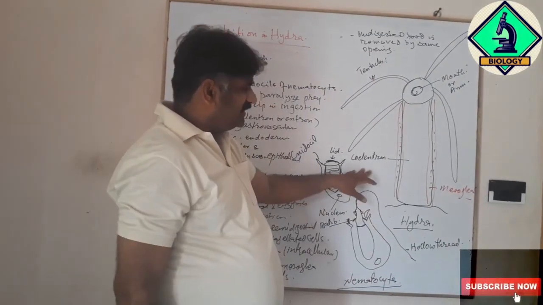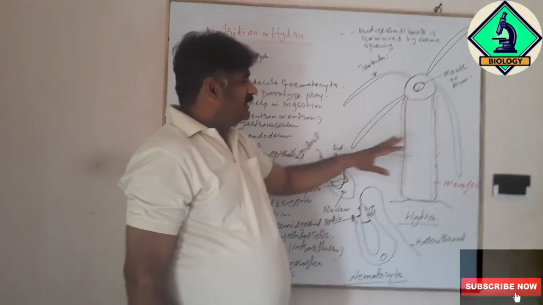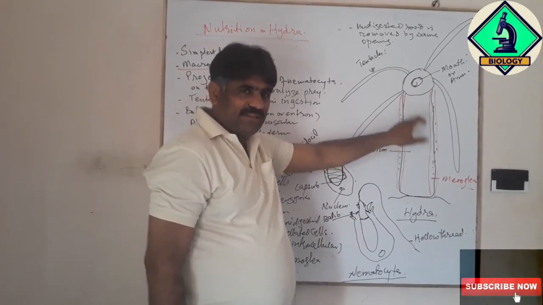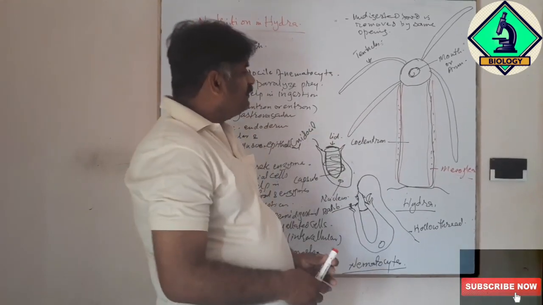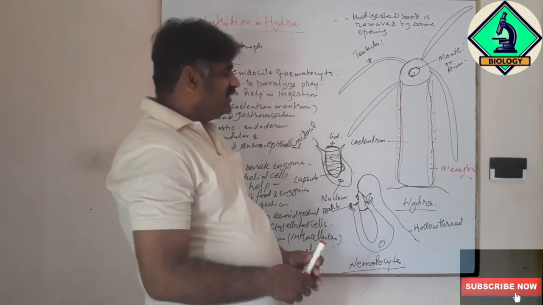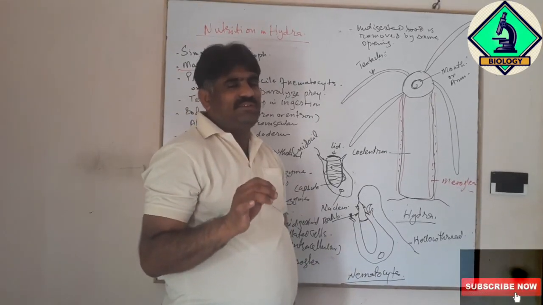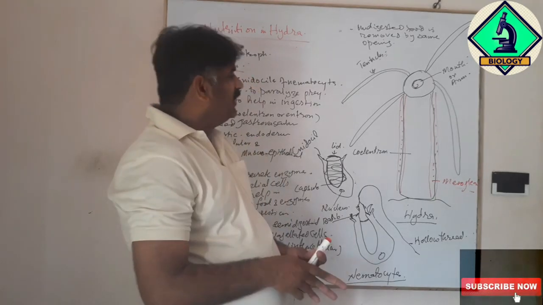It is also called the gastrovascular cavity because extracellular digestion takes place in this cavity. That's why it's called gastrovascular cavity, enteron or coelenteron. Due to this enteron cavity or coelenteron cavity, they are also named coelenterata.